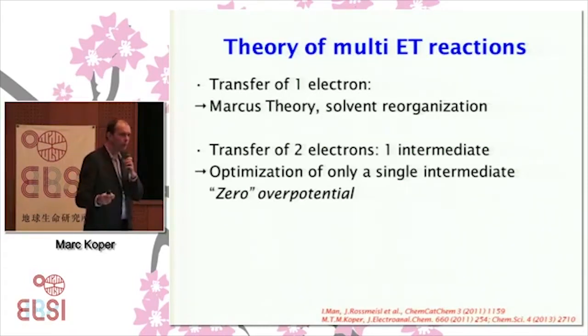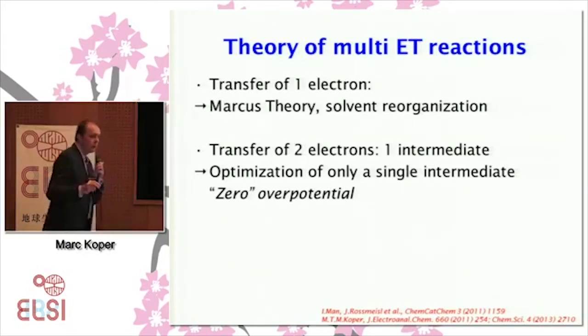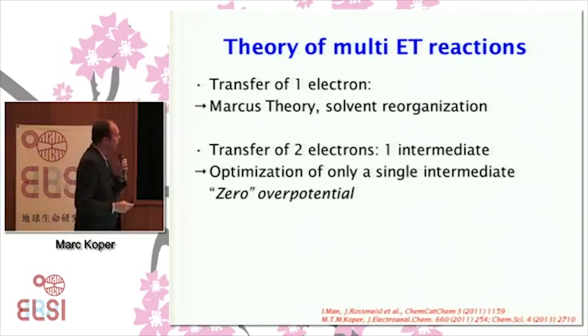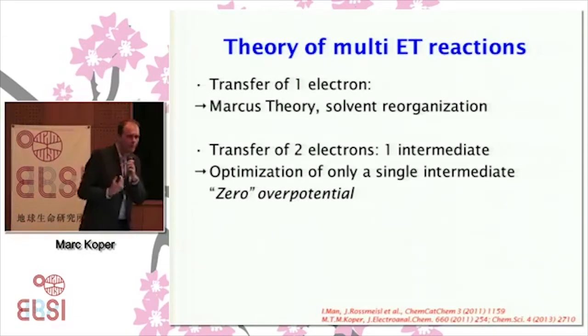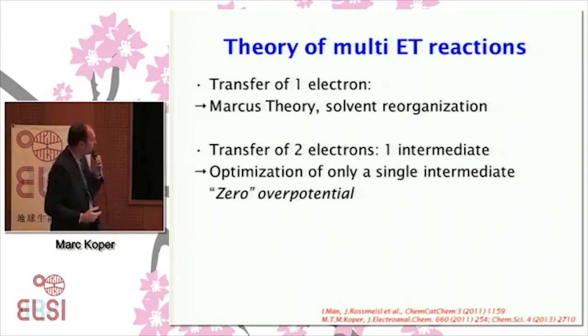So we transfer the first electron, then we generate an intermediate, and then we transfer the second electron. And once we have to catalyze a 2-electron transfer reaction, what the catalyst does is allow the intermediate to exist, and it generates an intermediate of the right energy. And this optimization of this intermediate is really the key to having a good catalyst.